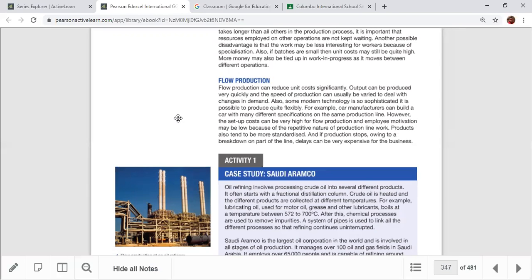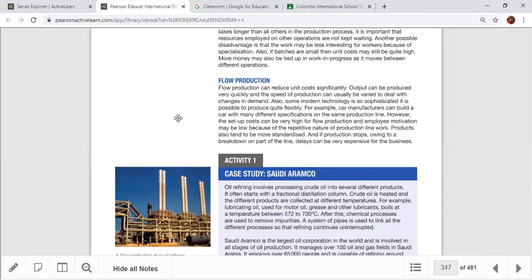However, the setup cost can be very high for flow production, and employee motivation may be low because of the repetitive nature of production line work. Products also tend to be more standardized, and if production stops owing to a breakdown on part of the line, delays can be very expensive for the business.